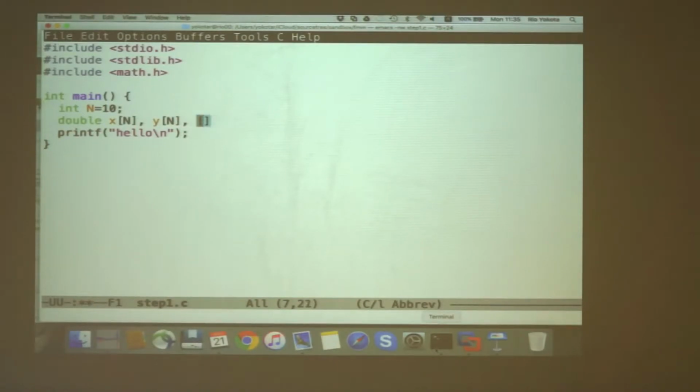I'm just creating arrays for x, y, z, and q. So now I'm going to loop over i from 0 to n.